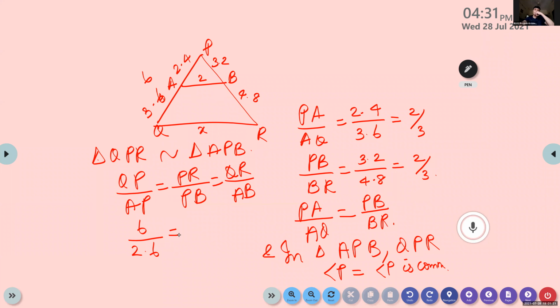QR we don't know. X by AB is 2. Now we simplify this, you will get the answer. So X will be 6 into 2 by 2.4. You simplify, you'll get the answer. Is it okay, Vishnupriya? Yes, ma'am.